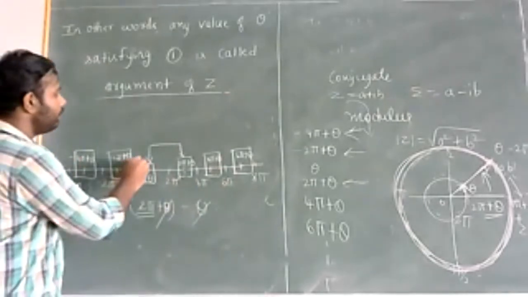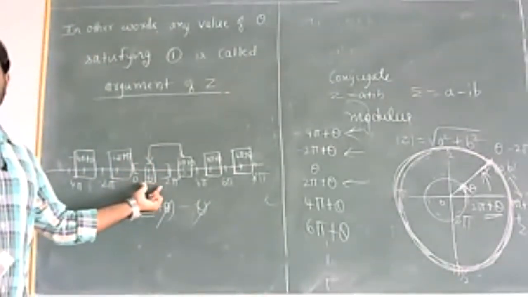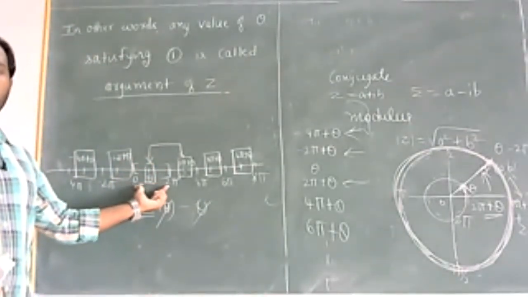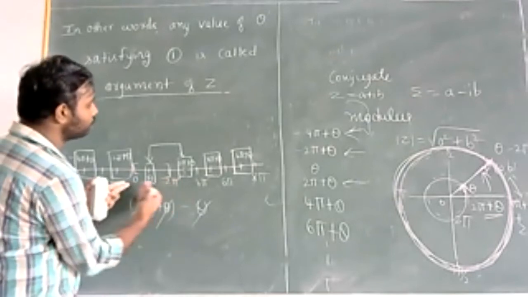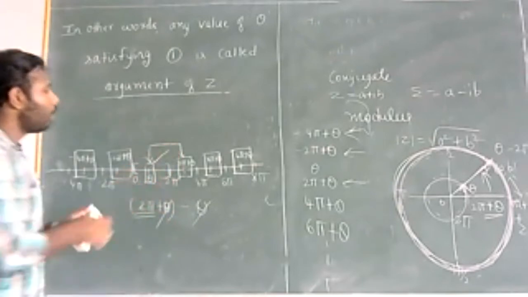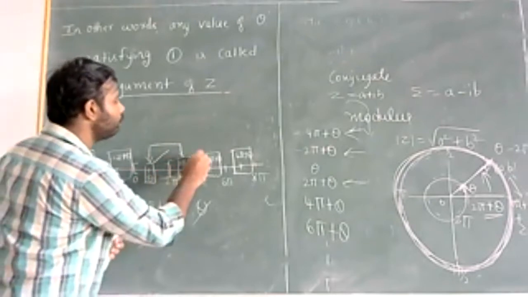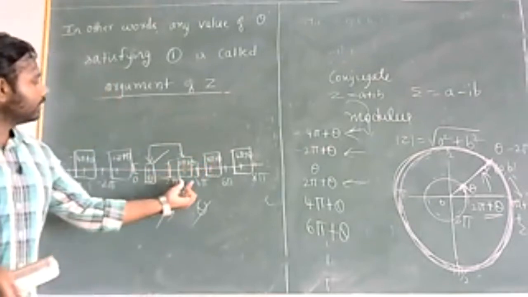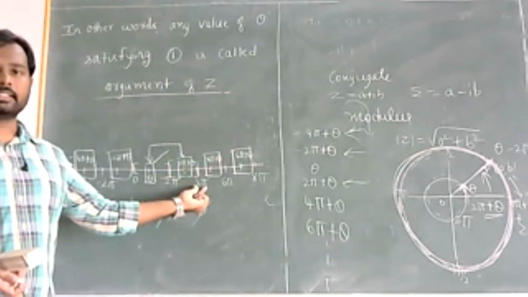Now if I consider any interval of length 2 pi, consider the interval from 0 to 2 pi, then that interval will contain only one argument value. Now consider the interval from 2 pi to 4 pi, which is of length 2 pi.